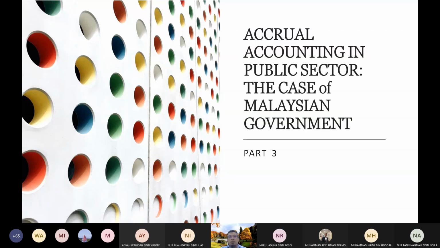But now there is a call for them to implement accrual accounting in Malaysia, and it is also an international trend, particularly in developing countries. The number of countries adopting accrual accounting has been ongoing. In the case of Malaysia, by right, the system now should be already in place, hopefully, a complete system.